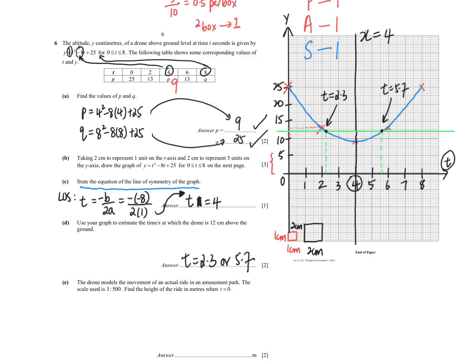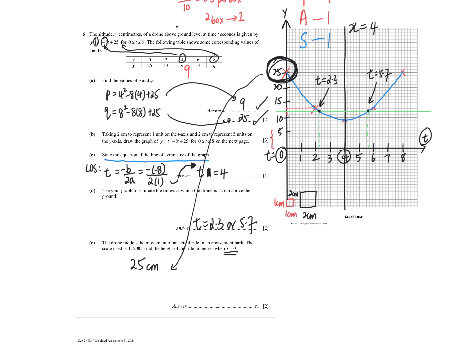Last one. They say that when time is equal to 0, your amusement park ride is at 25. Is it cm or meters? Cm. Okay, so when you read here, it is 25. So they say, can you find the actual? This is the map.